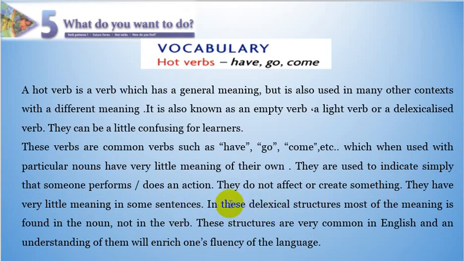In these delexicalized structures, most of the meaning is found in the noun, not in the verb. These structures are very common in English and an understanding of them will enrich one's fluency of the language. Your use of these expressions increases your fluency. Okay? That is why we learn them.